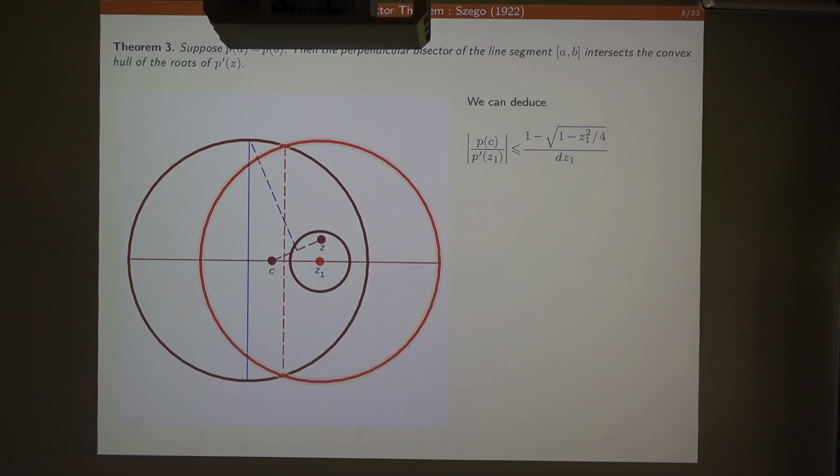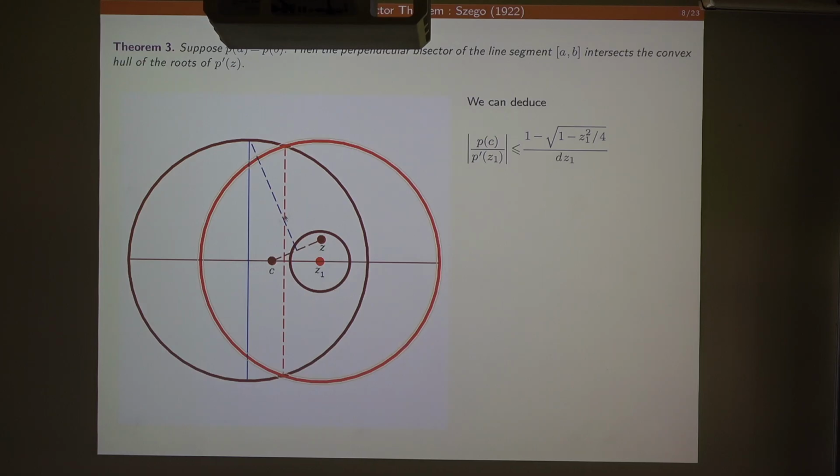Suppose you have two complex numbers such that P(A), the evaluation of P on A, and the evaluation of P on B are equal. Okay? Then the perpendicular bisector of the line segment AB intersects the convex hull of the roots of P prime, of the derivative of P. Okay?